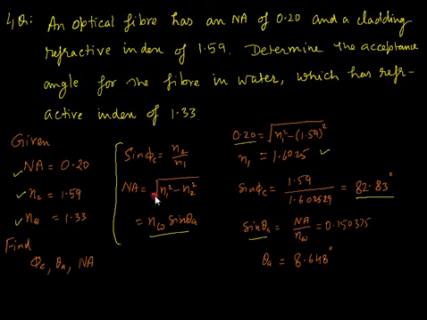Numerical aperture is given, Nw is also given, so simplify it. This is 0.15. So as a result, take the sine inverse of this result, and you will get theta a, that is 8.648.